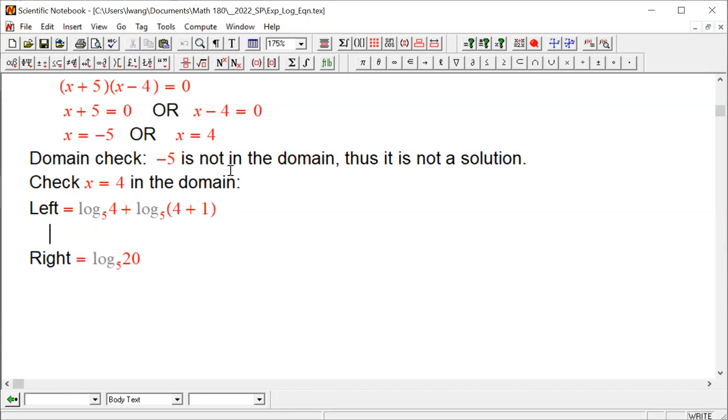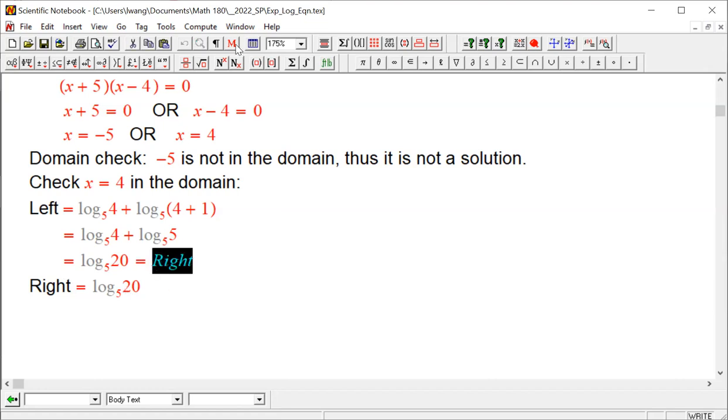On the left-hand side, it equals log base 5 of 4 plus log base 5 of 5. Using the product rule, we have log base 5 of 20, because 4 times 5 is 20. So left equals right at this point.